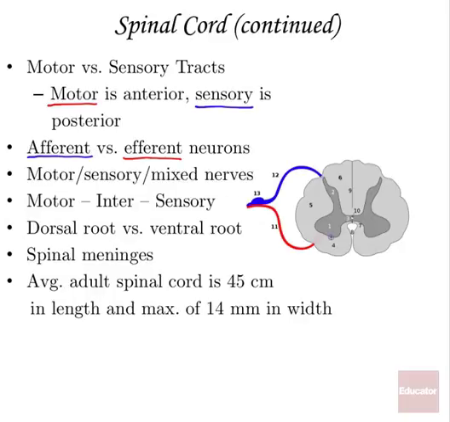When we look at the sequence of how the signal goes through, remember motor is going out. Sensory is coming in, and there's also nerves that have both. So when you look at what this afferent sequence is doing, this is actually coming from some sensory nerve that's taking information to the central nervous system.